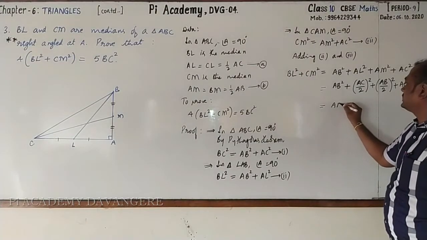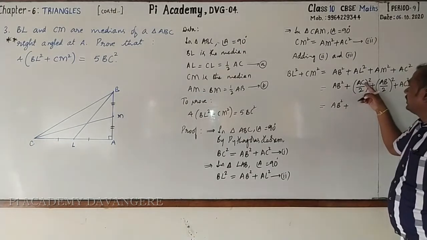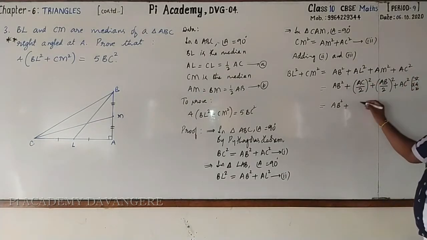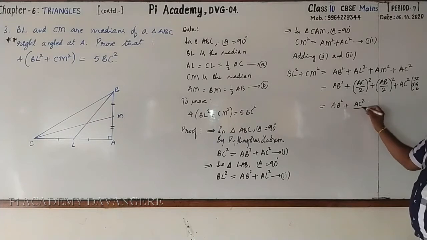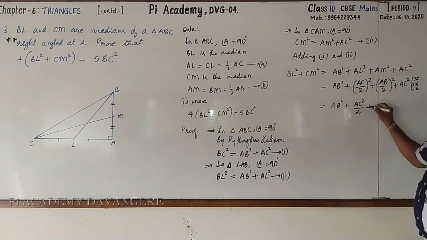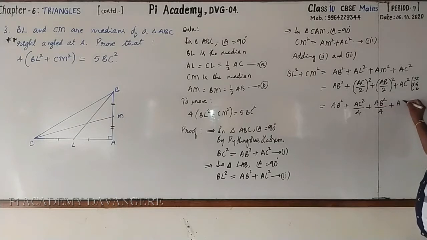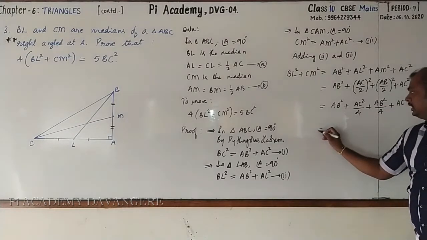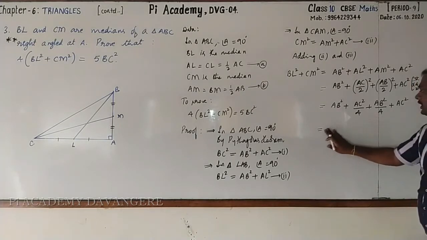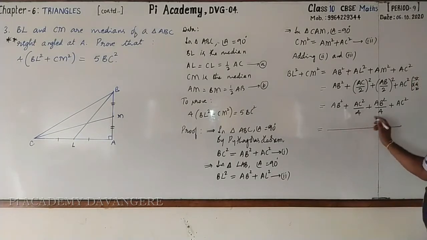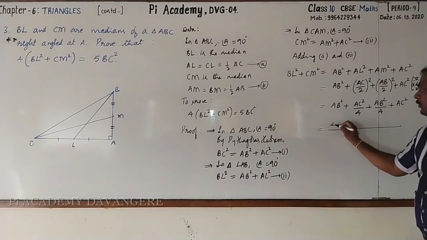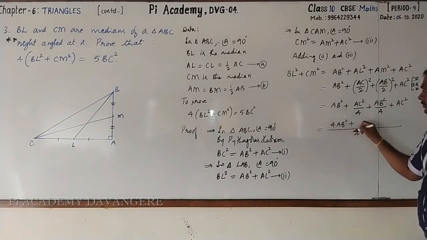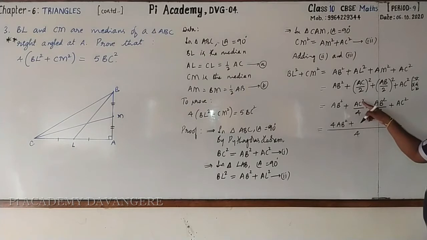This is AB square as it is. Apply square to both. AC whole square is AC square by 2 square, which is 4. This is AB square by 4 plus AC square. In the denominator, 4 is there, right? Go for taking the LCM of all the denominators. It will be 4. Multiply this LCM with all the terms. 4 into AB square, 4 AB square. Plus 4 into AC square by 4.